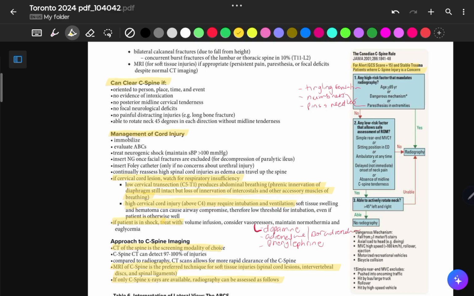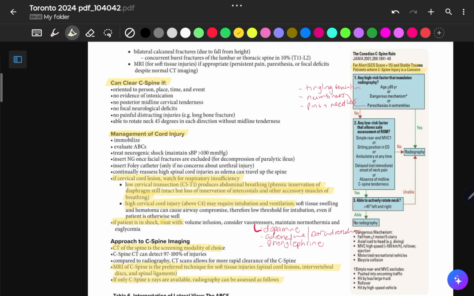Okay, if there is a cervical cord lesion, you will need to watch for respiratory insufficiency. So let's say you have a low cervical transection between C5 to T1, what is it going to do?